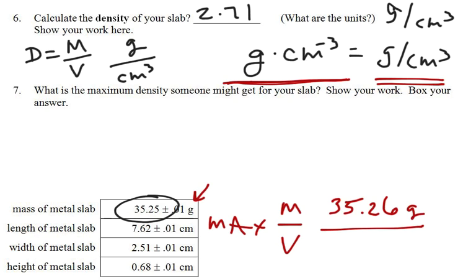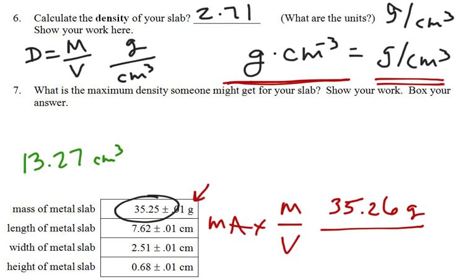To get our maximum value, we want to divide by the smallest volume we could possibly get. We said before that the largest value is 13.27 cubic centimeters. That's our maximum.